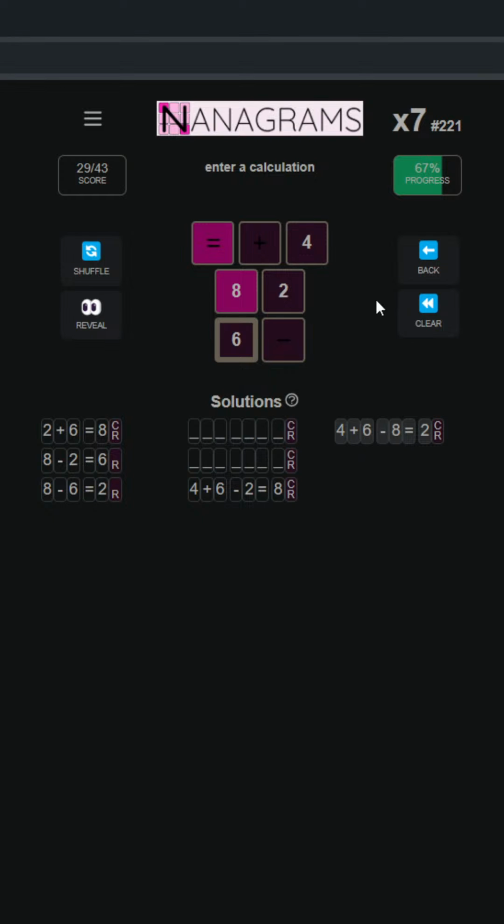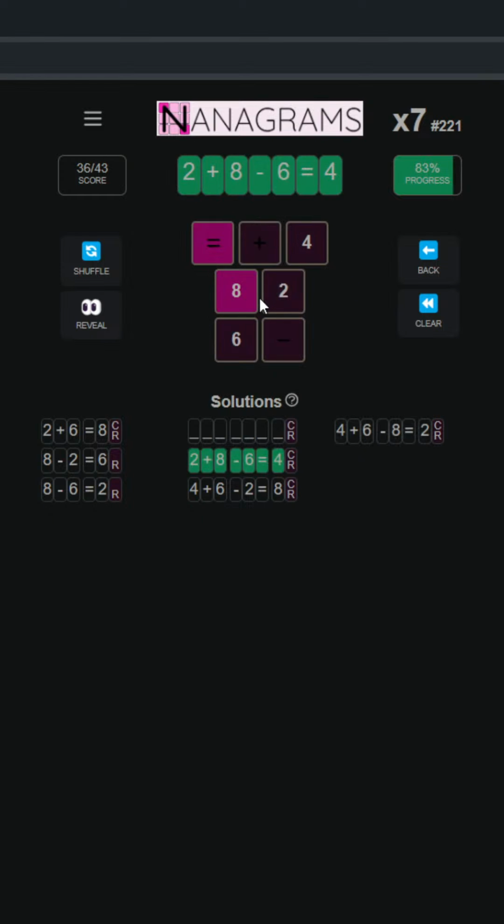We can do 8 minus 6 plus 2 is equal to 4. And we can do 8 minus 2, I'll go 6. What's the last one? 6 minus 2 plus 4 is equal to 8.